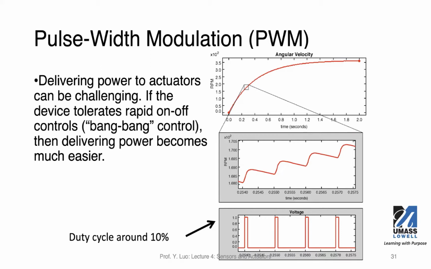So that's why we say here, delivering power to actuators can be challenging. For some actuators, for example, an LED, believe it or not, is an actuator because you are applying power to this diode and it's emitting light in certain colors.